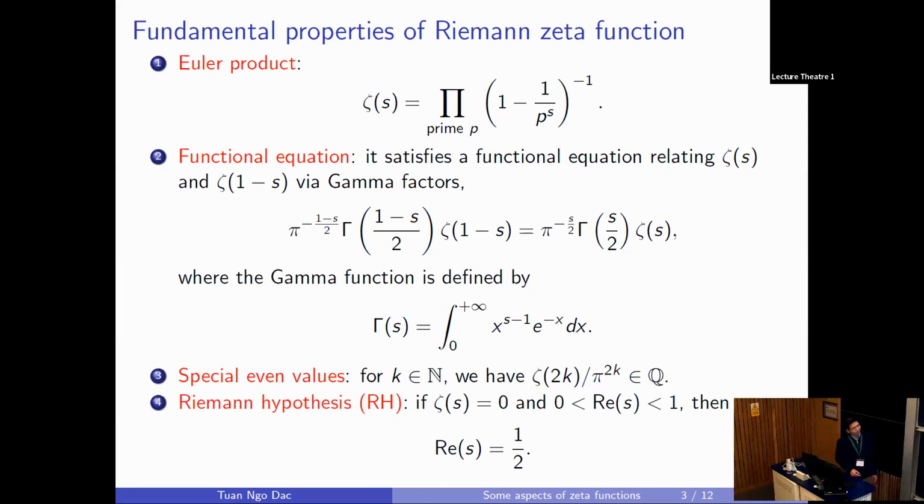And the last one is a very famous one, the Riemann hypothesis, which says that if you look at the non-trivial zeros in the critical strip, then all the non-trivial zeros lie on the critical line, where the real part of s is 1/2. These are the fundamental properties of the Riemann zeta function, which we would like to study for other zeta functions or L-functions.